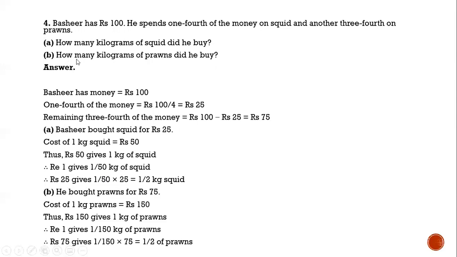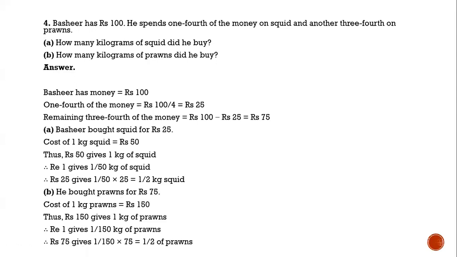Second part, how many kilograms of prawn did he buy? Coming to this, he bought prawns for rupees 75 as given in the question. But the cost of 1 kg prawn is rupees 150. So we again use the unitary method.